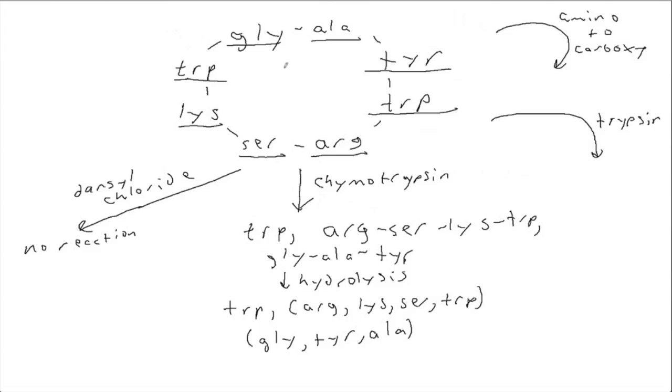What would happen if we applied trypsin to the peptide? If we apply trypsin to the original octapeptide, we would have a cut between arginine and serine, and then a cut between lysine and tryptophan.